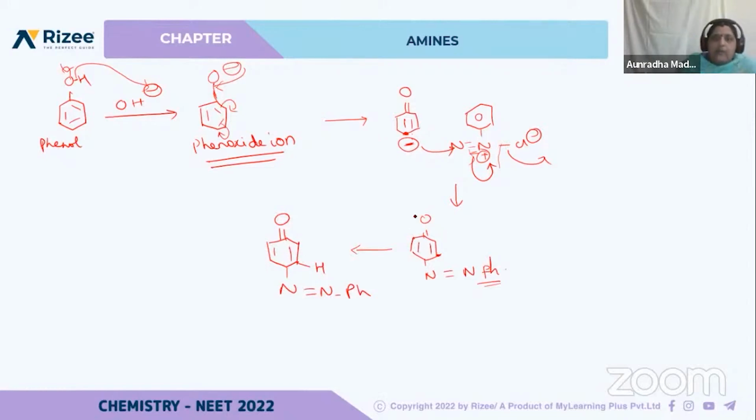Sorry, by mistake. Now aromaticity is not there here, so to retain the aromaticity, hydrogen should lose its electrons. How is it happening here? These electrons come here, this one goes here, and this one again resonance.